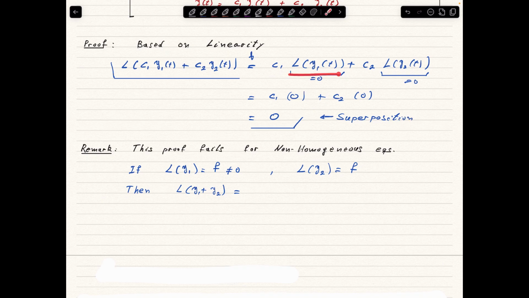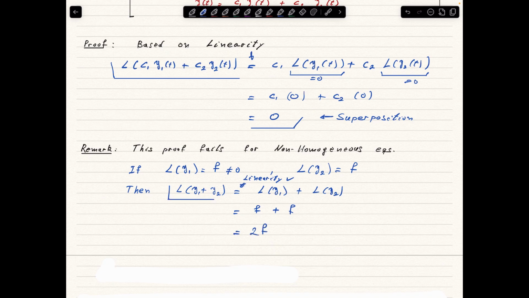Superposition means you have two solutions, then the linear combination is also a solution, and this is what is going to fail now. We still have linearity because the left hand side, the operator, is the same, so this is equal to L of y1 plus L of y2. So linearity is okay. But now we have that L of y1 is f and L of y2 is also f, and now we end up with 2f.